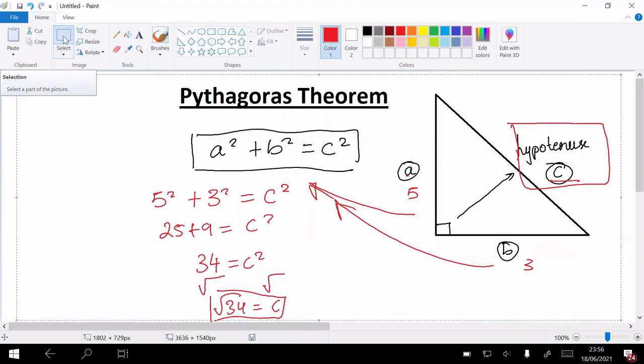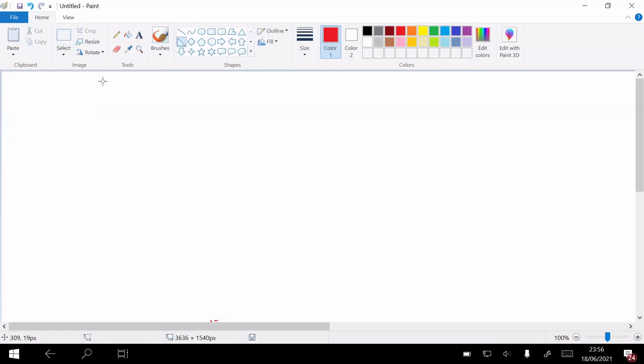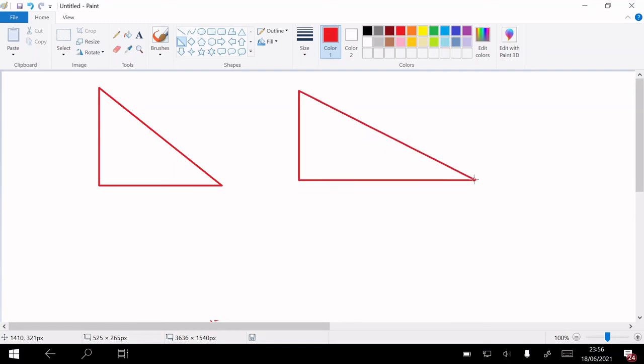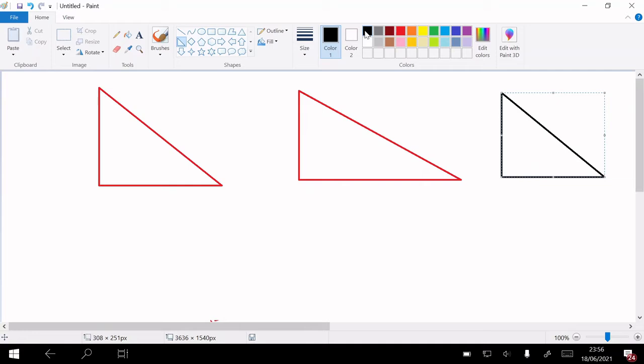So let's try different examples of this formula. A couple of different scenarios: I have three different right angle triangles. For the first one, let's say this is 5, this is 3, and this is 4.